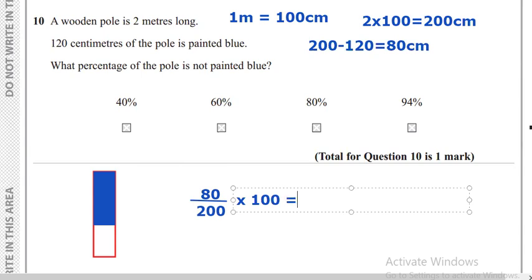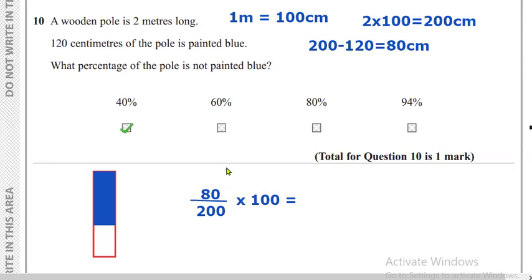We multiply it by 100. Now, we divide 80, which is the part, by 200, which is the total, and then we multiply it by 100, and we will get the percentage, which is 40%. So the percentage of the pole which is not painted blue is 40%.